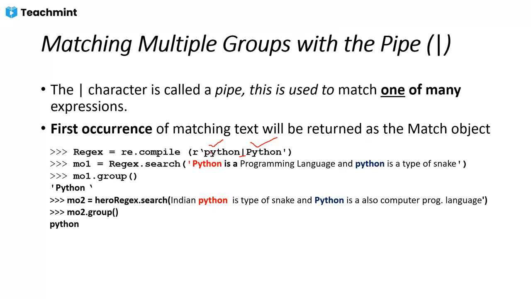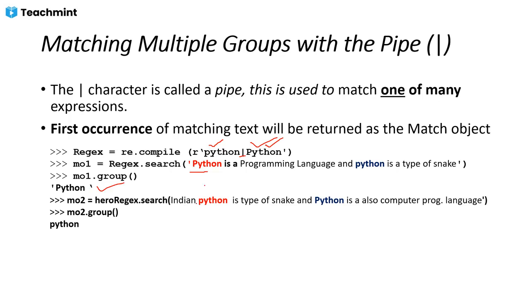Your input may consist of this type of Python or this type of Python. Now, how can I use that? Suppose this is my input: Python is a programming language and Python is a type of snake. Now it starts searching for the pattern. Python is matching with this pattern, so it returns the answer.